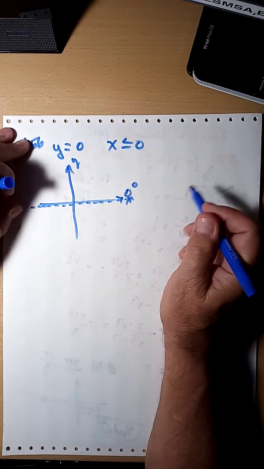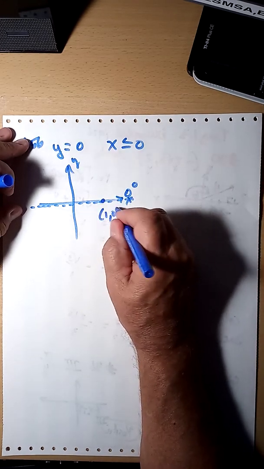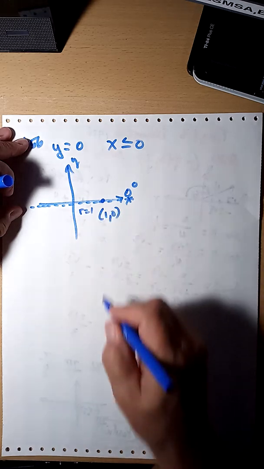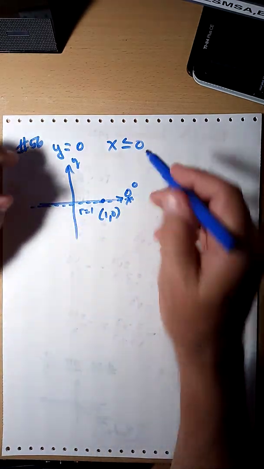That's a quadrantal angle. We can use a point on there, just 1, 0, and the radius is 1, just because we can choose anything we want on that side.